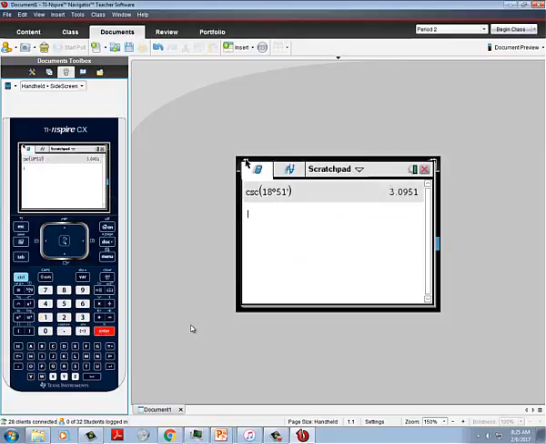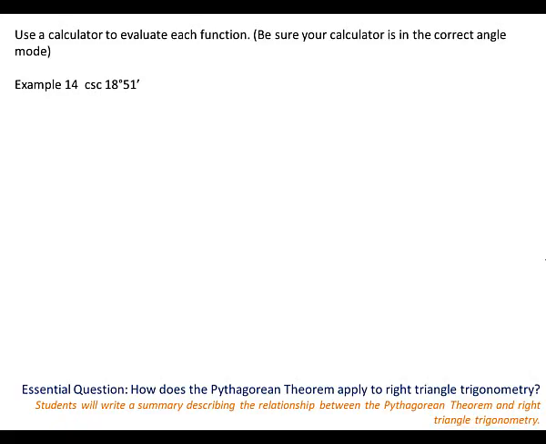And hit enter. I was looking at the tests, and there is one that's similar to that. So 3.0951. 3.0951, right?